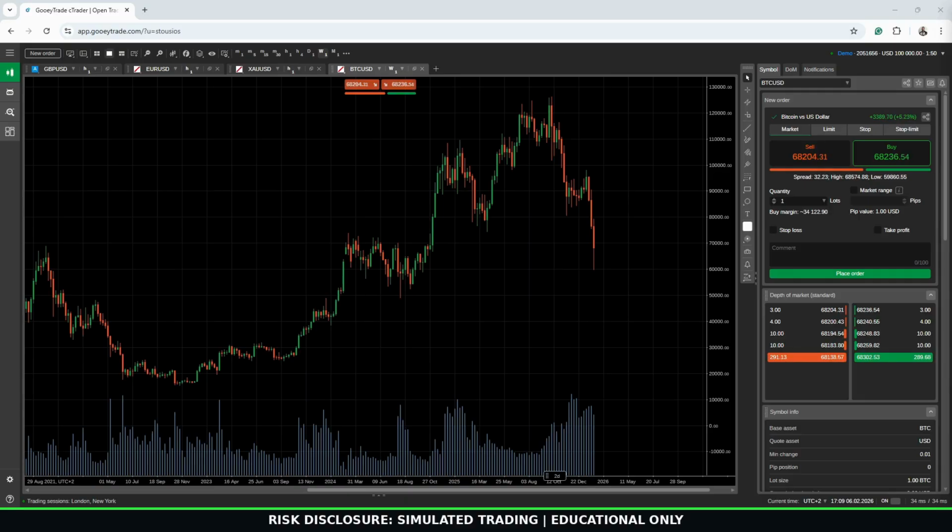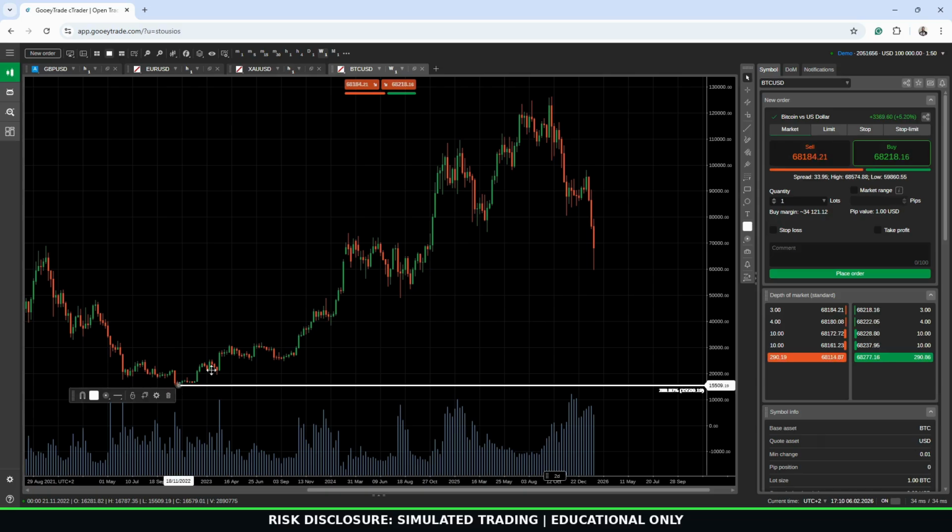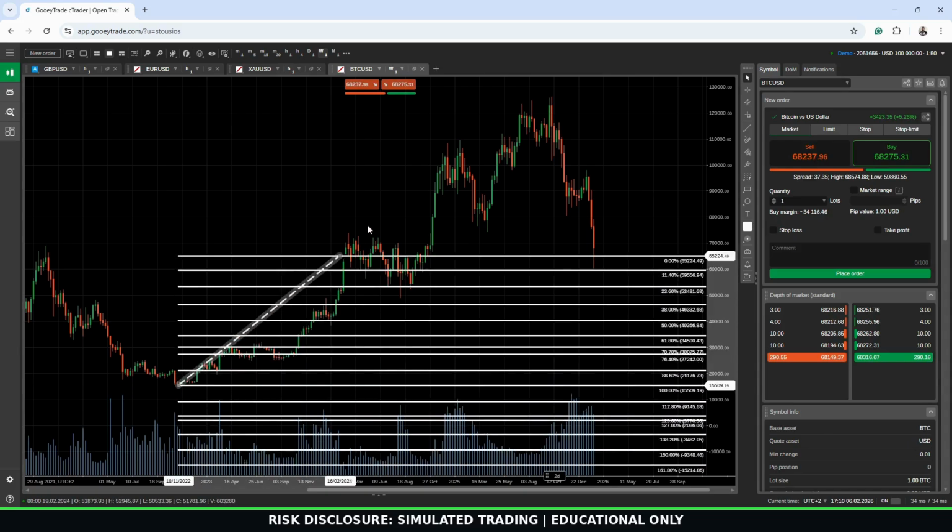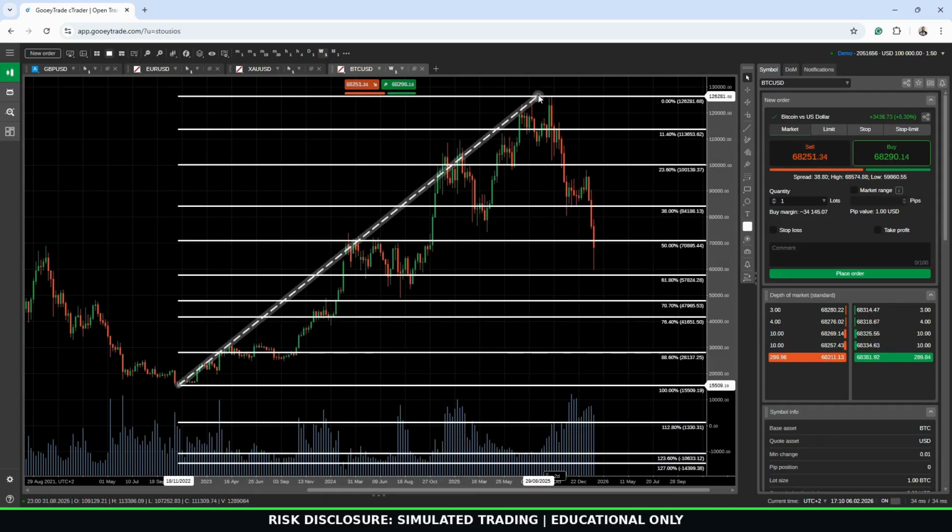We are sitting on a critical Fibonacci cluster. Let me show you. From the bottom of around 15K to the record peak, we are very close to the 61.8 Fibonacci extension, and also recalling up to the 50.